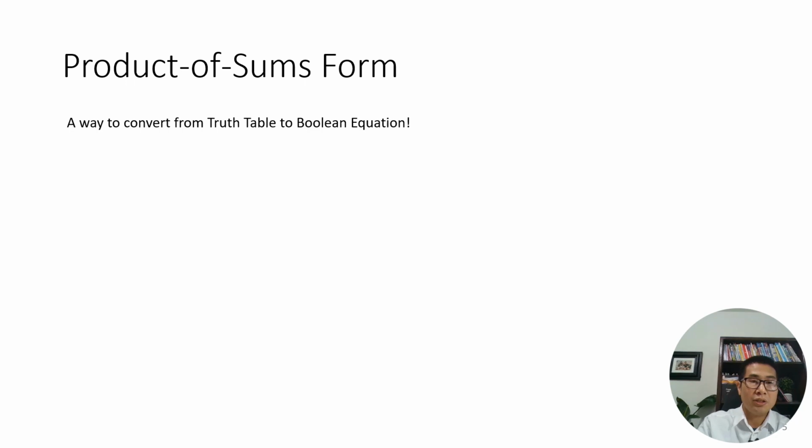Very much similar to sum of products, we do have its dual form called product of sums. Again, it is another way to convert a truth table to a Boolean equation. So you have the truth table again, then you're going to find the max terms. I've learned that.